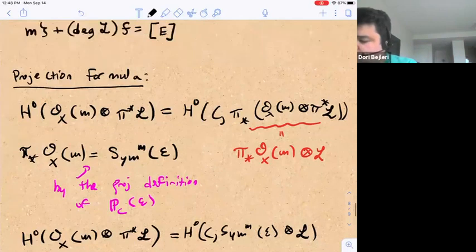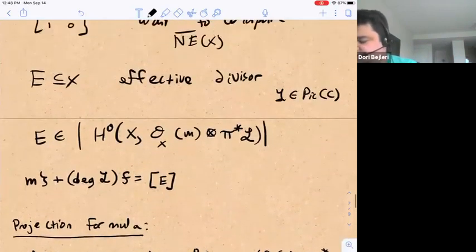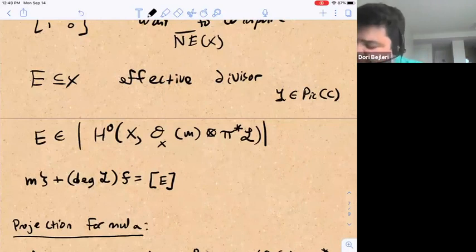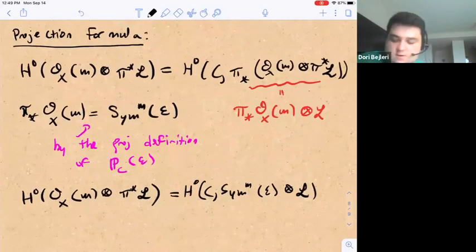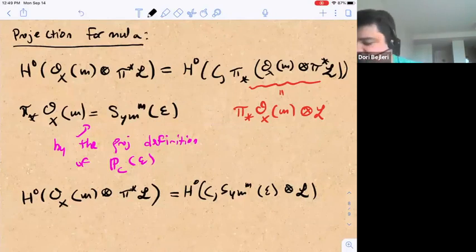Okay, so now we want to pick our E to have some nice properties to be able to compute the effective divisors here.